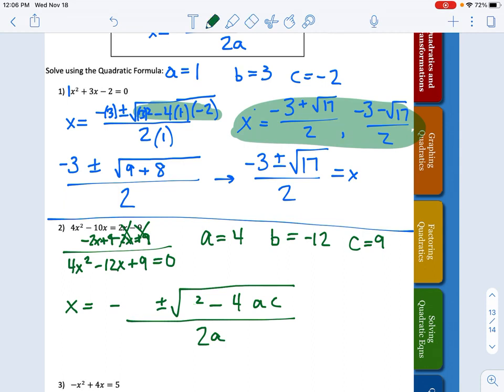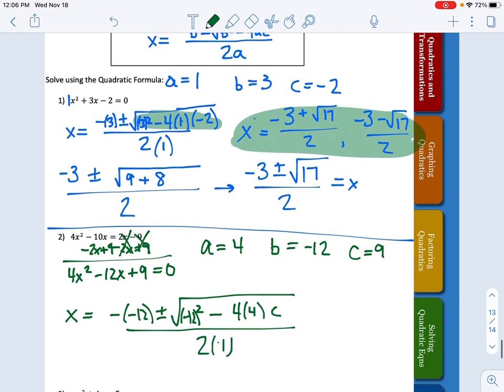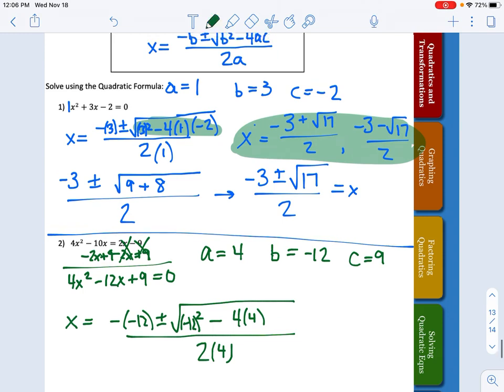My b's, I'm going to put in negative 12 there. My a's, I need to plug in 4. I'm going to put them in parentheses so I know I'm multiplying. And my c, I'm going to plug in 9.